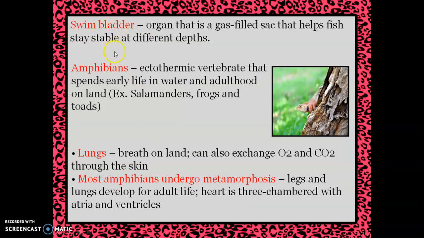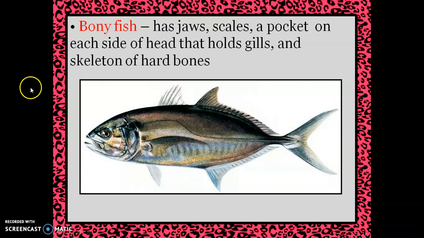A swim bladder is a gas-filled sac inside the fish. As that fish puts oxygen into that sac, it comes out of the blood and goes into that sac. They can inflate or deflate that sac, and that helps them to change their depth. They can tell what depth they're at because if you notice, fish have this dark line that goes down them. That's called a lateral line. That lateral line is a sensory organ.